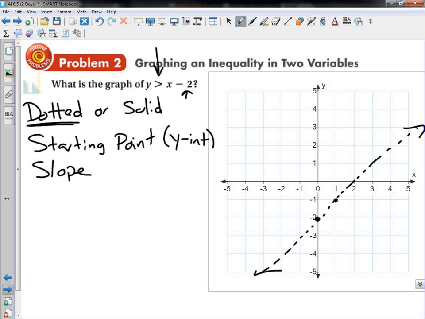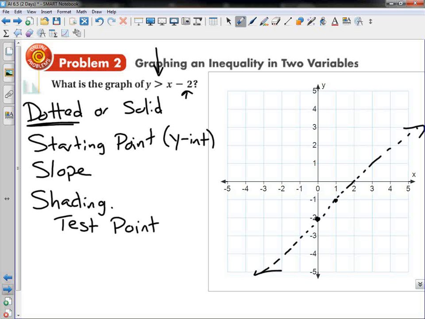And the last piece that we need to do is shading. There's kind of 2 ways to do the shading piece. One is from a test point, which basically means I'm going to pick a point to see if it makes the inequality true, like problem 1 from today.